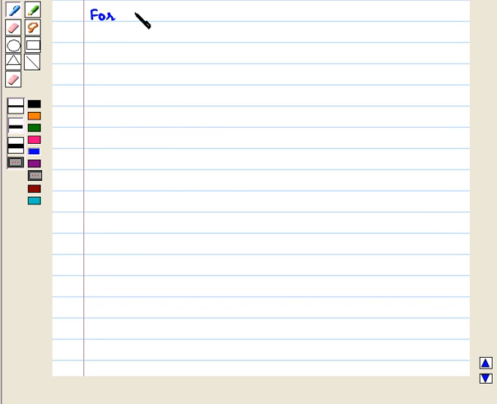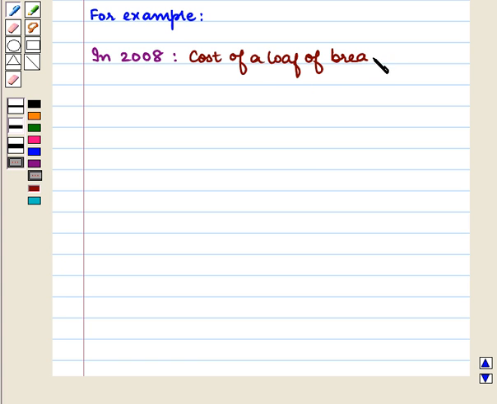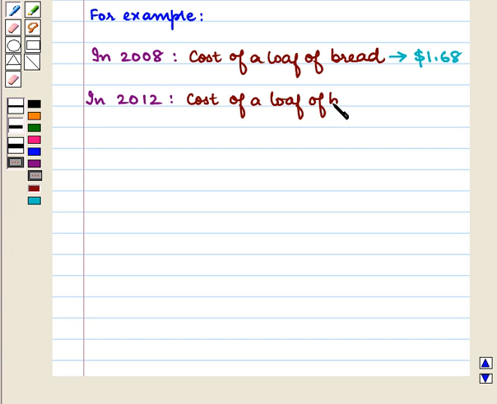For example, in 2008, cost of a loaf of bread was $1.68, and in 2012 cost of a loaf of bread is $2.31.